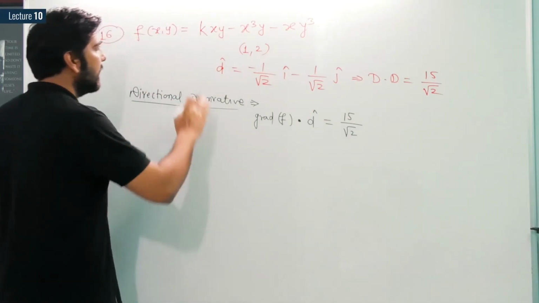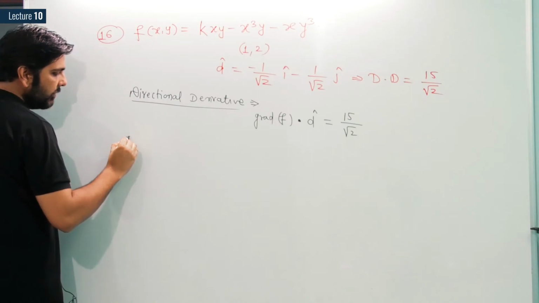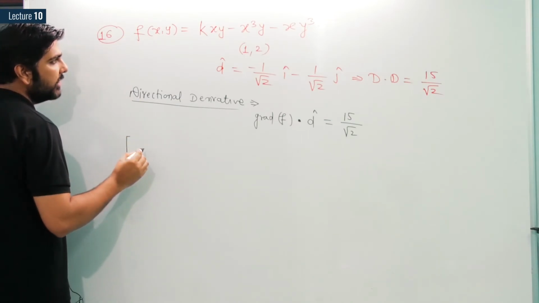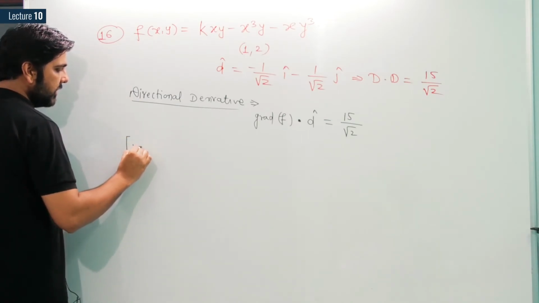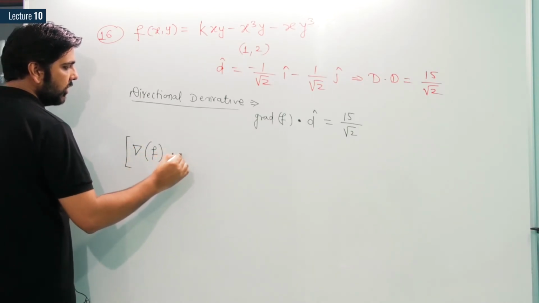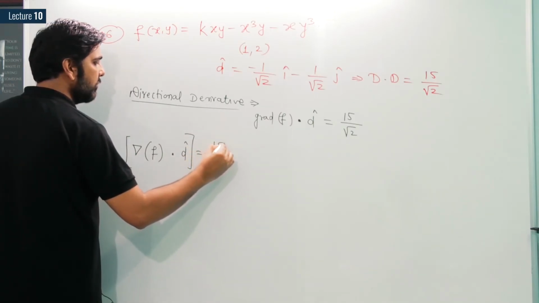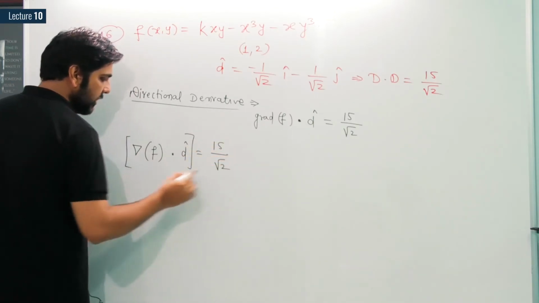Now the directional derivative is the gradient of this function multiplied with the given direction. So the gradient is nothing but the del operator's operation on f, dot d cap, is equal to 15 upon root 2. So let us solve this.